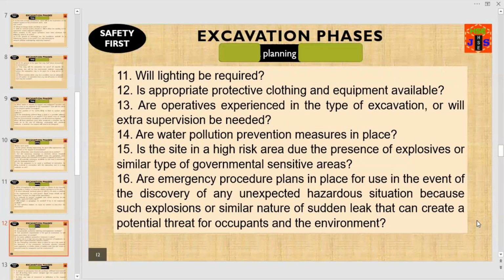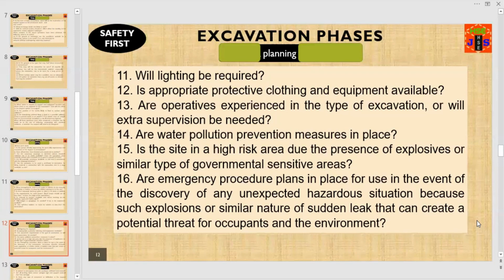And number 16, are emergency procedure plans in place for use in the event of the discovery of any unexpected hazardous situation, because explosions or similar sudden leaks can create a potential threat to occupants and the environment. You have to get the answers of all these questions just before starting the excavation work.